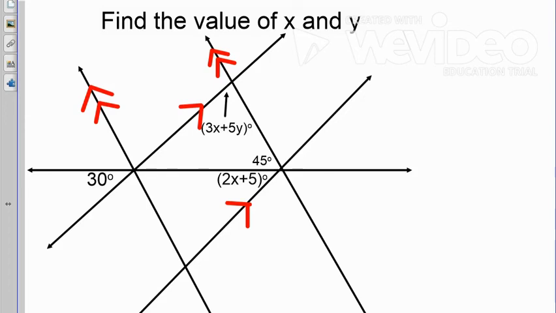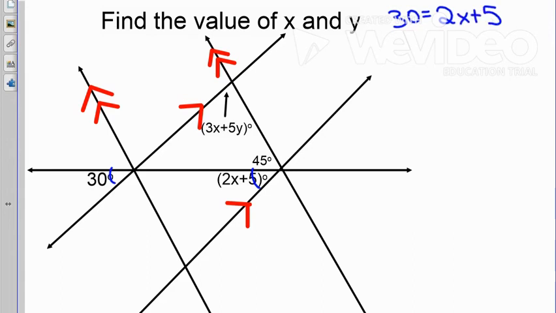So looking at this here, we can't really deal with that angle that has a y in it right now. So we've got to figure out what the x is first. And actually, as you notice here, this angle is going to be congruent to this one here, because corresponding angles are congruent if you have parallel lines. So we know that 30 is equal to 2x plus 5.